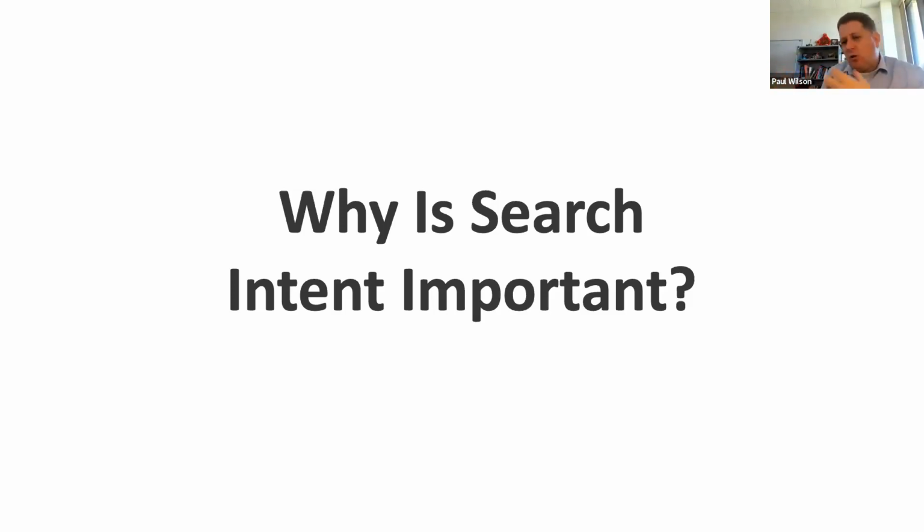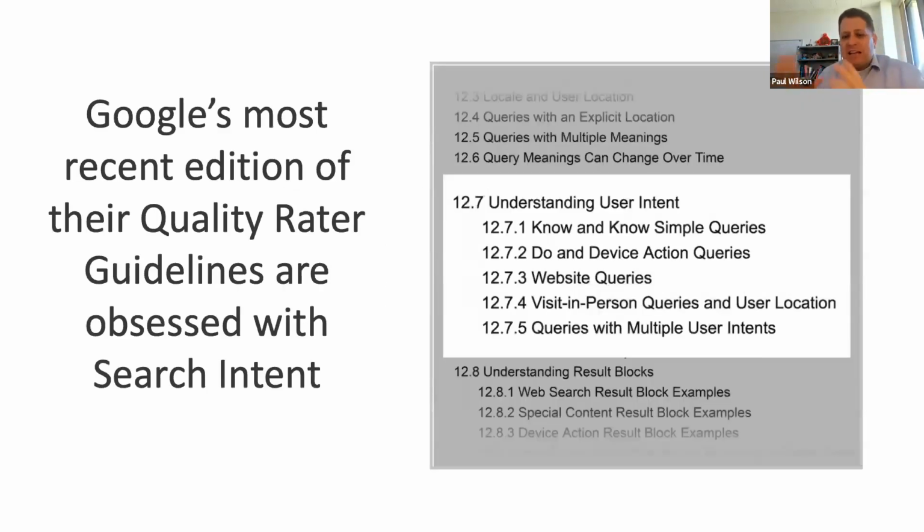This isn't just crazy old man Wilson's theory here. Google is obsessing over this. In their quality rater guidelines, which is actually really cool, they started releasing it because people were leaking these. So Google employs about 10,000 raters. These are people that manually look at websites to see if there's abuse.